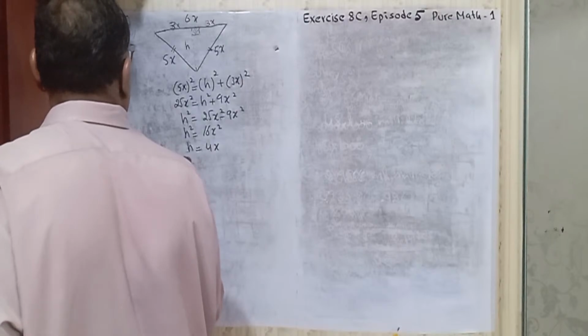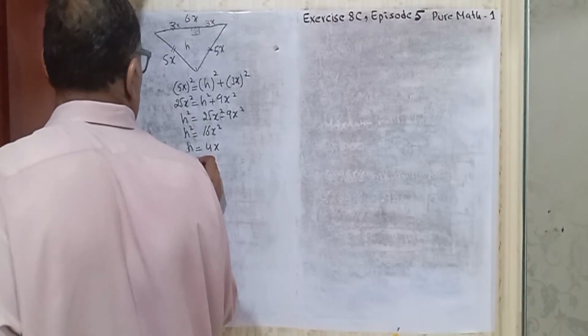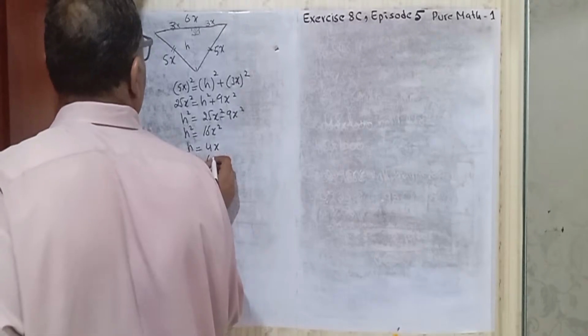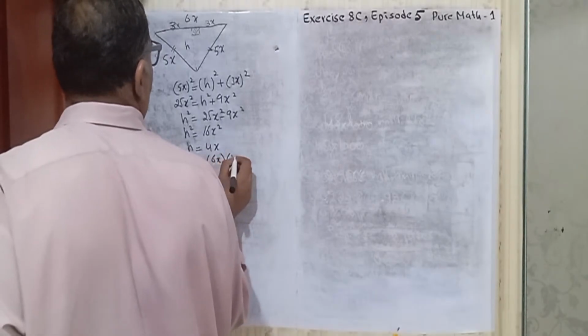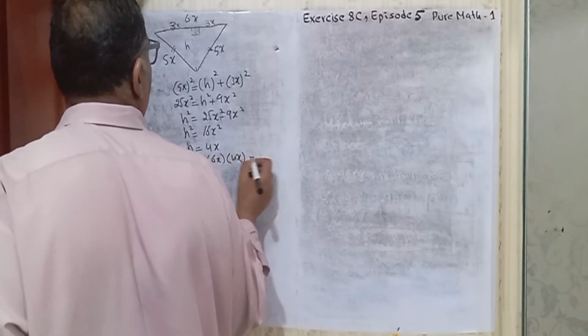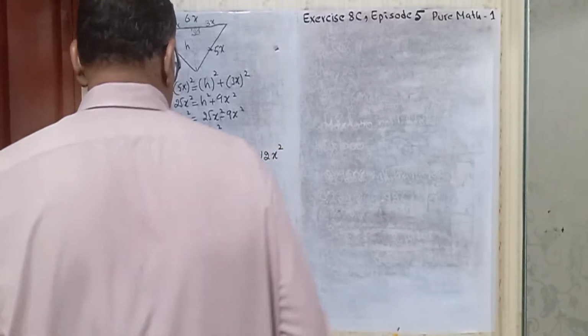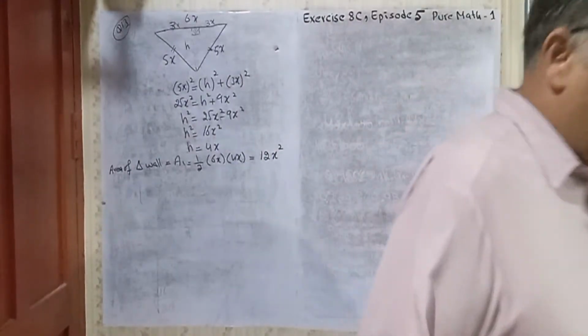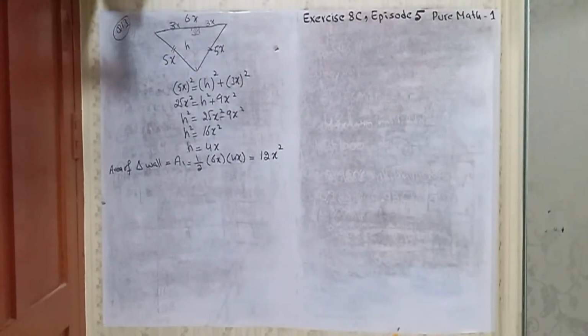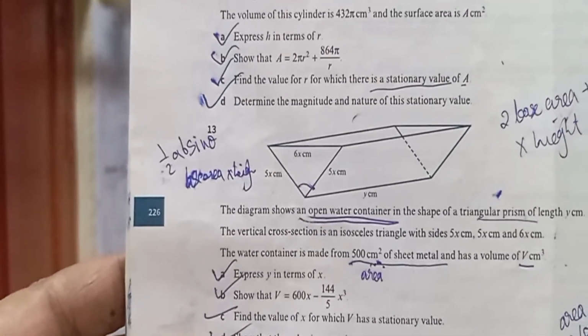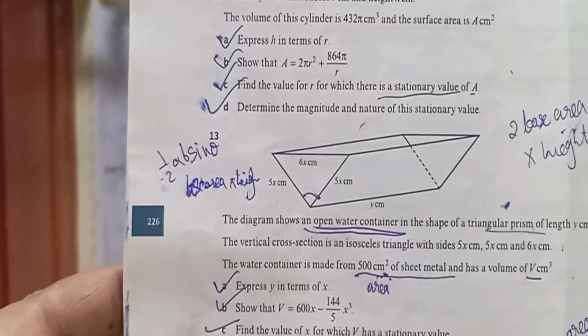The area of the triangular wall, let me call it A1, will be equal to 1 by 2 into the base, it's a triangle, and the height is 4x. So the area of this triangular wall will be 12x squared over 4, that is 3x squared. Now I will find the area of that rectangular wall.